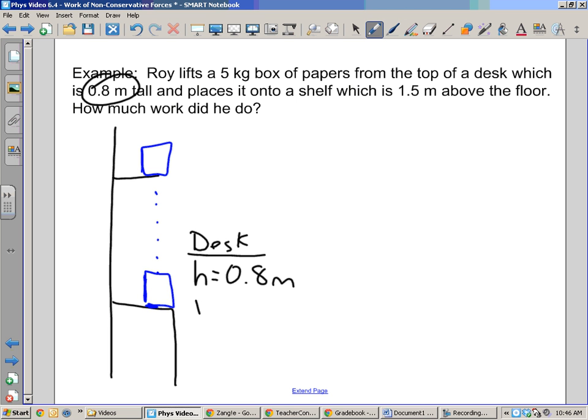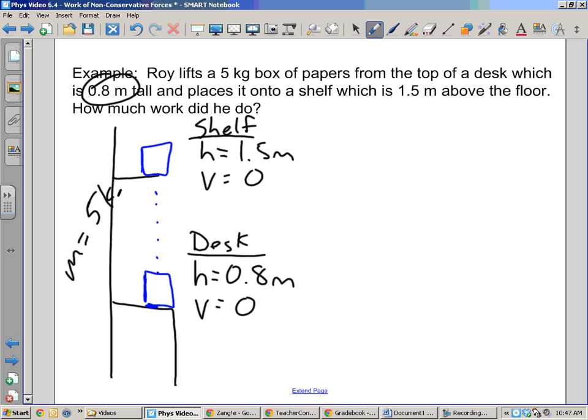I should have said that in the problem, but we can assume the velocity was 0. Then at the top, he's lifted it up onto the shelf. And so now the height is bigger. Now the height is 1.5 meters, but he's placed it onto the shelf, so it's sitting there at rest again. The velocity is 0. So that's the information we know. In addition, we know the mass of the box. It's 5 kilograms.